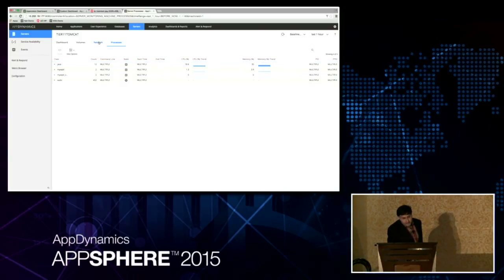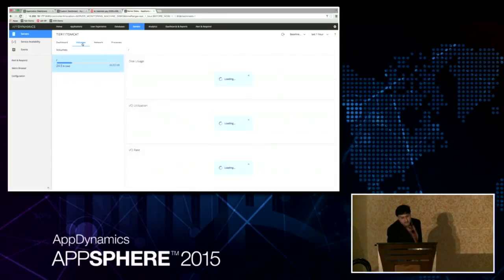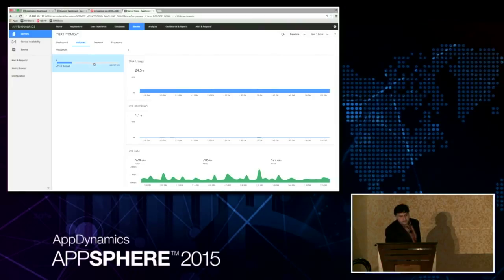Including that, you have the detailed view of networks and volumes, disk usage and volumes on the specific server. So you pretty much have Nagios-type views built into the AppDynamics server monitoring product, integrated with the application flow views.